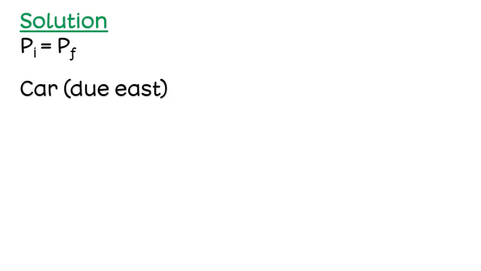For our solution, remember that based on the law of conservation of momentum, initial momentum must be equal to the final momentum. Now, here in this particular problem, because this is a collision on an intersection, we will not be getting the summation of their initial and final momentum.